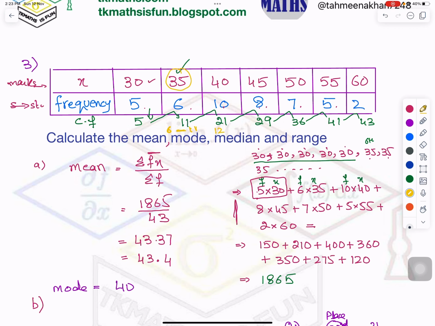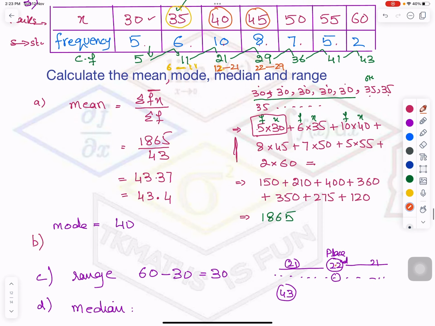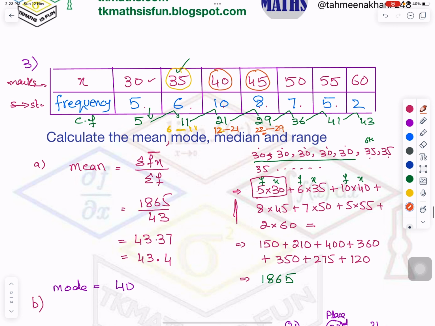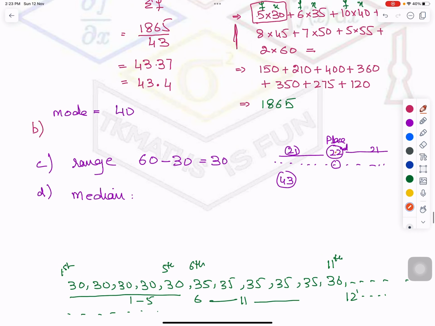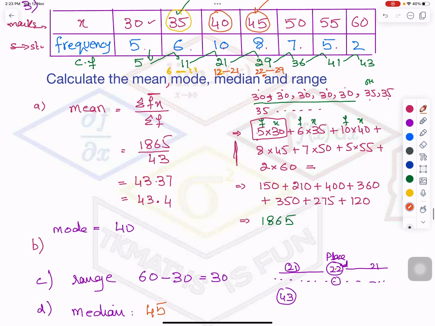From 12th place to 21st place you have this data. 22nd place to 29th place you have this data, and we are looking for which place data? 22nd. So at the 22nd place I have this data, so my median is 45. This is how you find the median. This part I have just done to explain to you the meaning. Otherwise you need to just add one row which is called cumulative frequency.